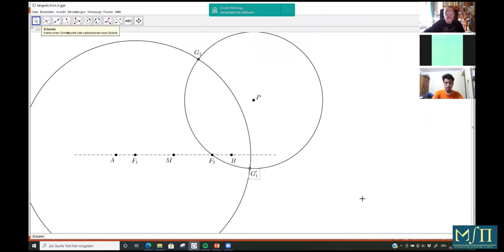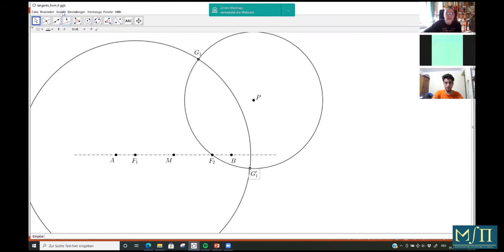Okay, and now having done this, we know that the tangent of the ellipse passing through P, with this point up here, G1, as the symmetric point to F2 with regard to the tangent, is simply the bisector of the line segment F2 G1.